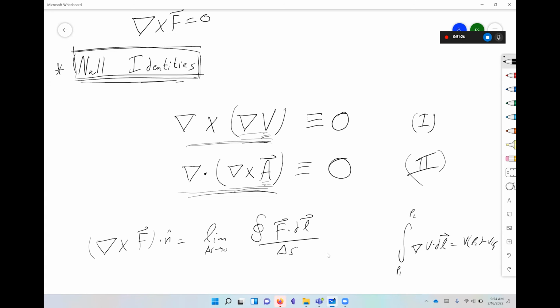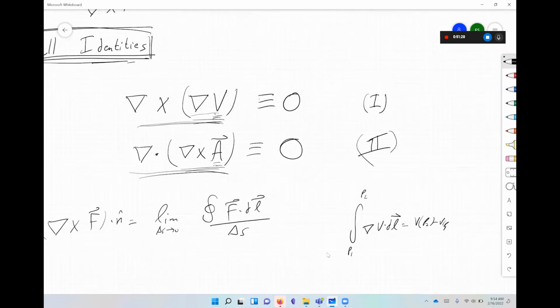That's how we define the gradient, right? A field that we get from a gradient is a conservative field by definition. That's because we don't specify the path between P1 and P2. Any path is going to give me the same result, which is V at P2 minus V at P1.